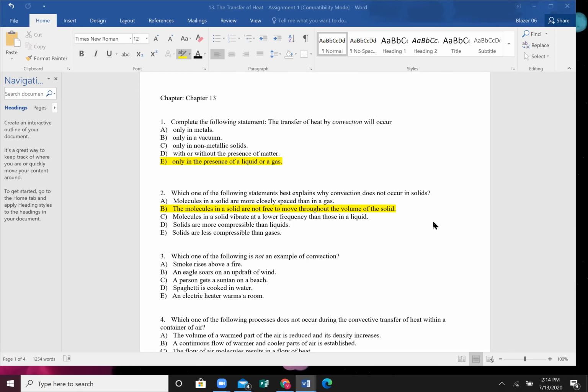Give me your answer for number 3. I'm waiting for someone to give me some answers. A, B, C, D, or E. Not an example of convection. Remember, convection means what? The bulk movement of the fluid.